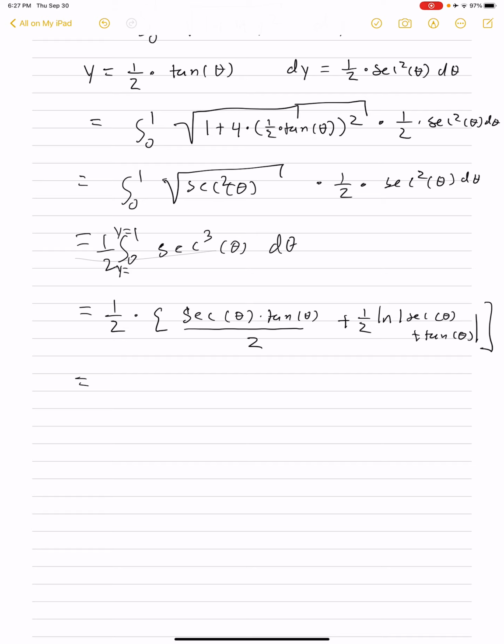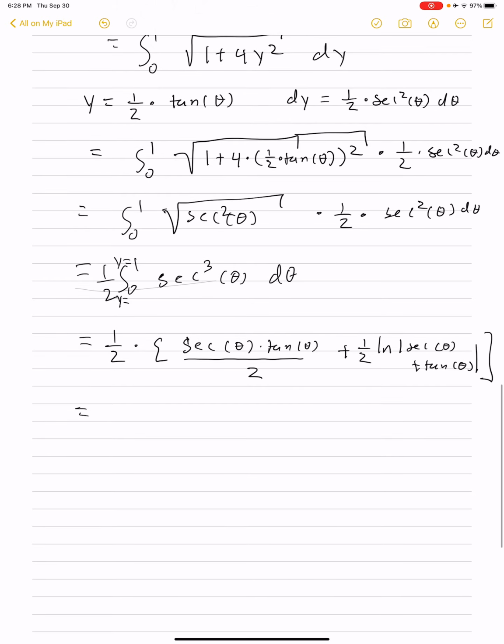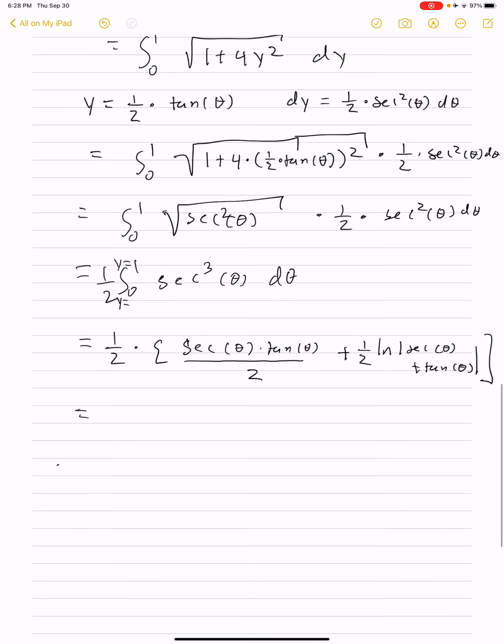Now our substitution is y is equal to 1/2 tangent, so that says 2y over 1 is equal to tangent of theta. What this translates to in terms of a triangle is this. Here's angle theta. 2y is there. 1 is on the adjacent. This will be the square root of 1 plus 4y squared. So I'm going to rewrite this.